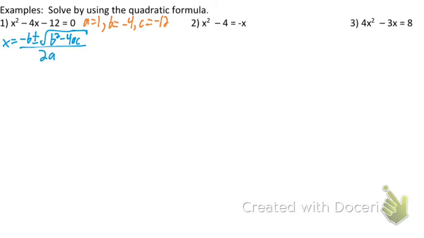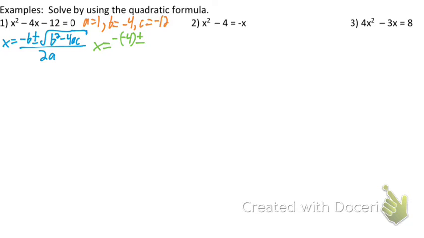So as I begin to fill these in, I say, okay, x is equal to negative of b. So negative of, what's my b? Negative 4. So negative of negative 4. It will become positive 4 in a moment.